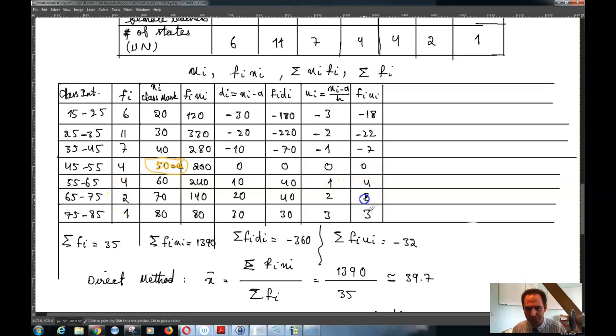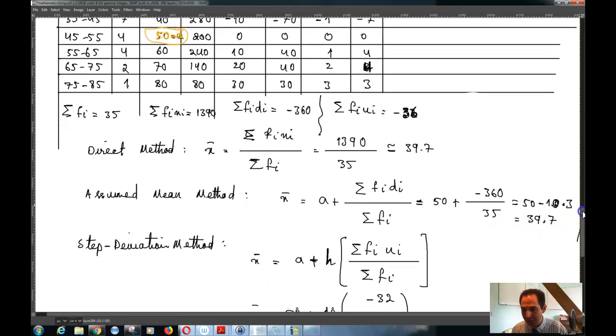Oh, that's a 4, right? That's a 4 and that's a 3. So then your sigma u of I f of I is going to be 11 minus 7 minus 22 minus 18, which is equal to negative 36.